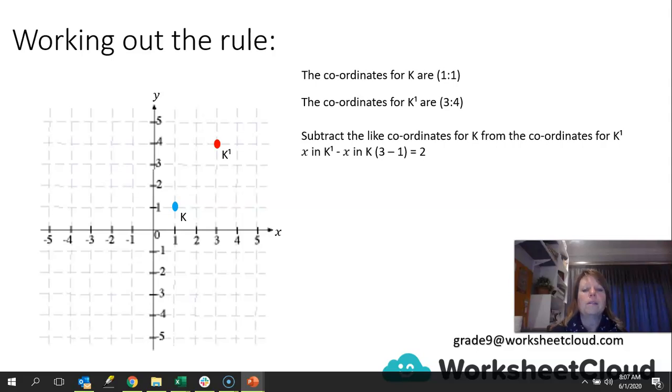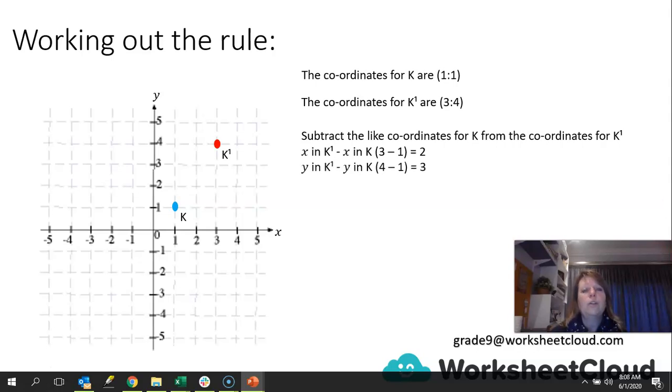The x in K1 is 3, minus the x in K, which is 1. So 3 minus 1 is 2, a positive 2.